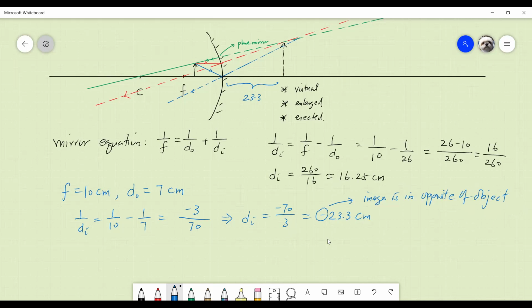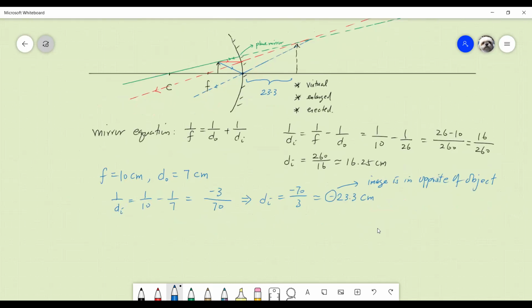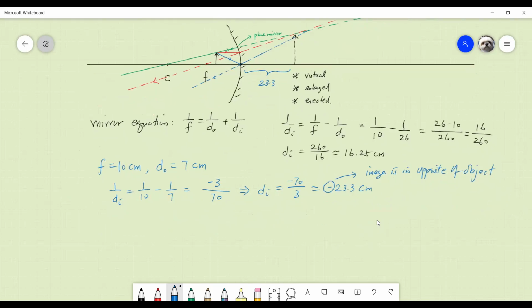Now, that's another thing I want to tell you. We have another quantity here we call magnification. What is magnification?